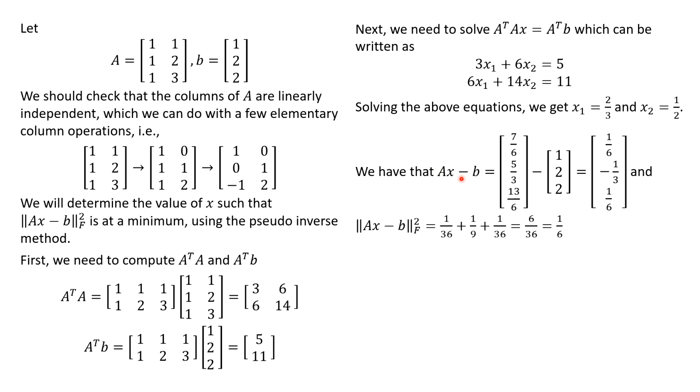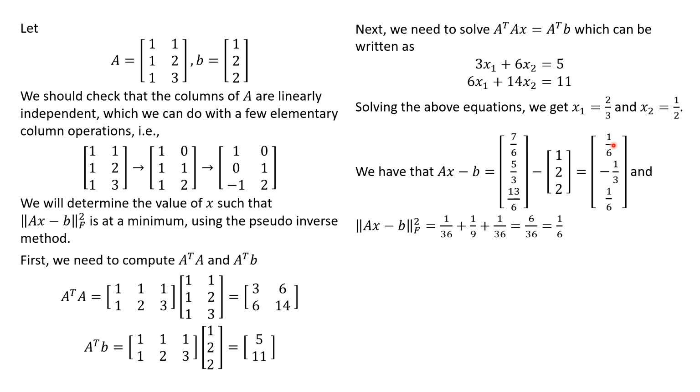You can plug that in here. Remember, this is our residual e that we defined earlier. So we plug that in here, and then we get this solution for x. And then we can also compute what is the actual minimum of this Frobenius norm. It's just a matter of multiplying this times its transpose.